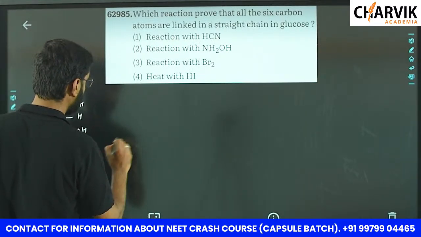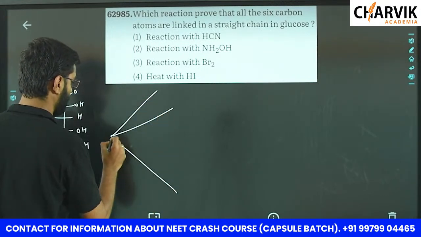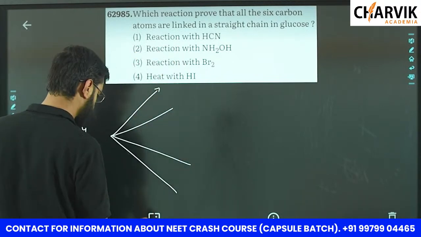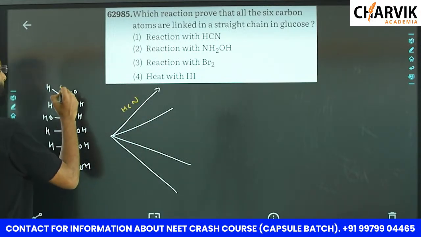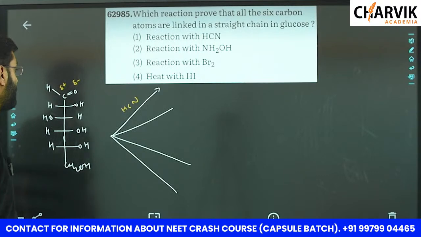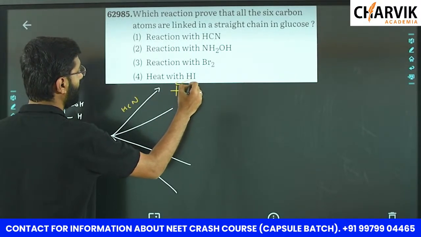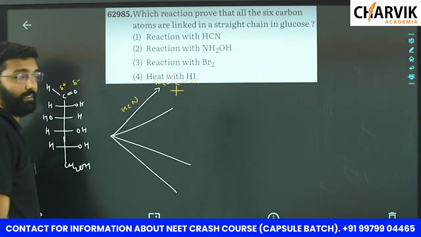Now we are going to do each and every reaction one by one, right? First reaction is reaction with HCl. Now you know that this carbon is partial positive and this oxygen is partial negative, so here you will get this carbon with OH, H and Cl.